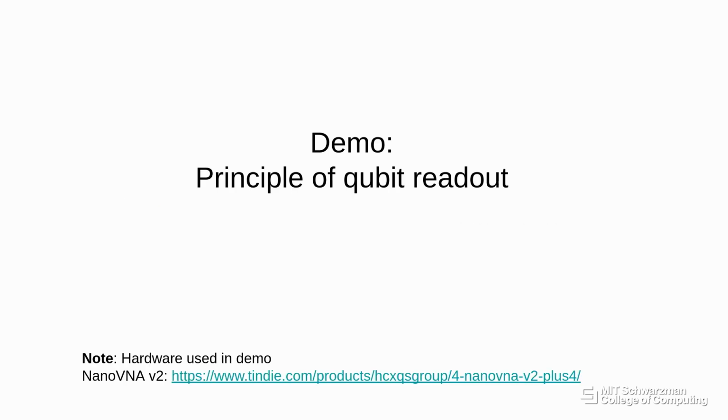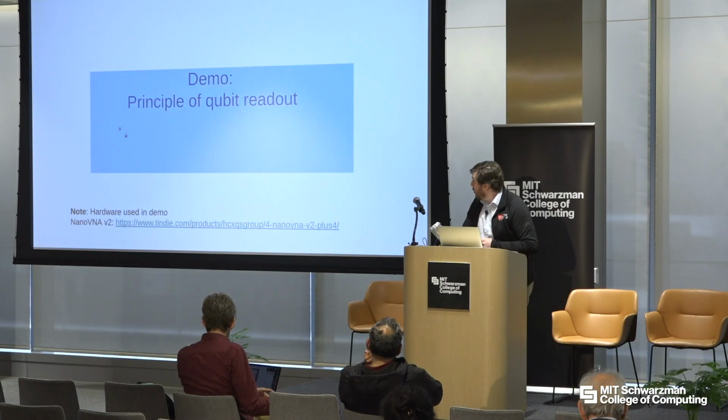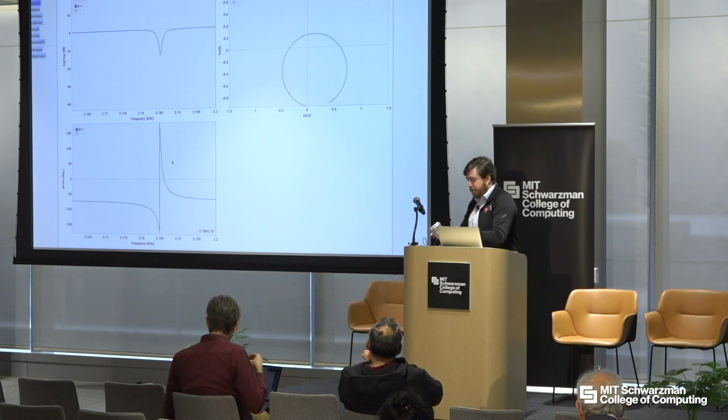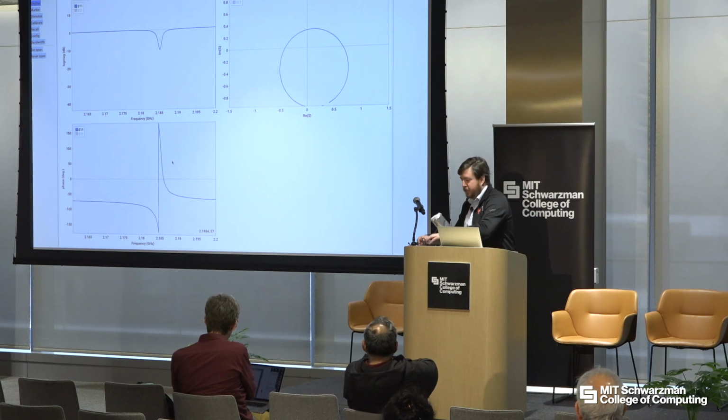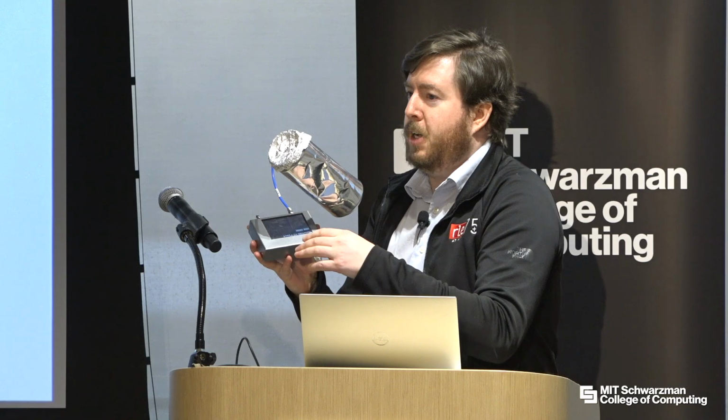Now you might ask, how do you measure the state of a qubit using one of these resonators? My students, nor the organizers, would let me bring a dilution refrigerator on stage with me, but I do have something maybe almost as good. I brought with me this aluminum beverage can, and I have connected to it something called a nano vector network analyzer.